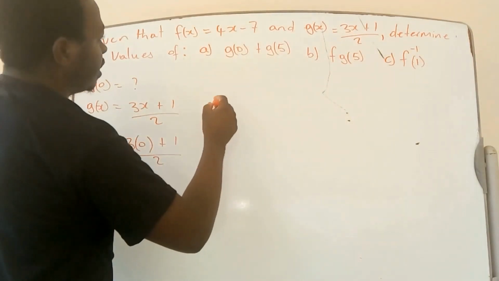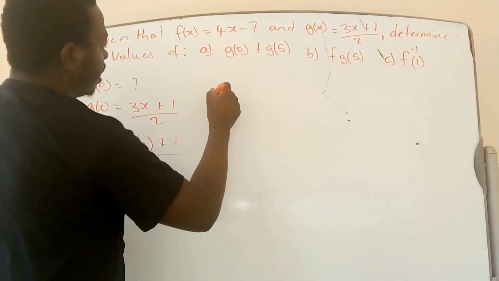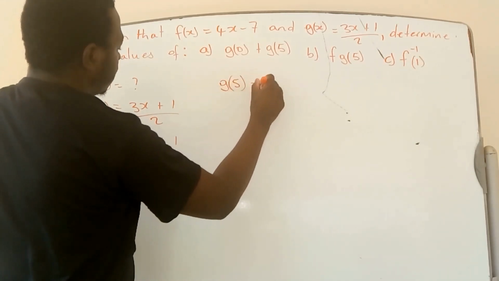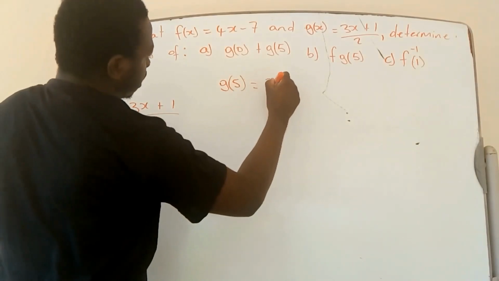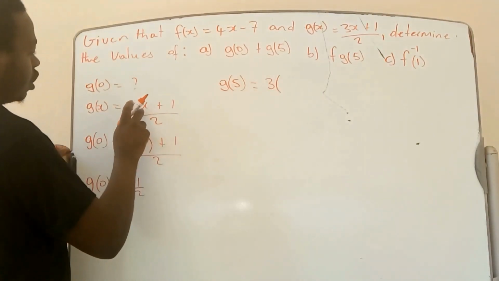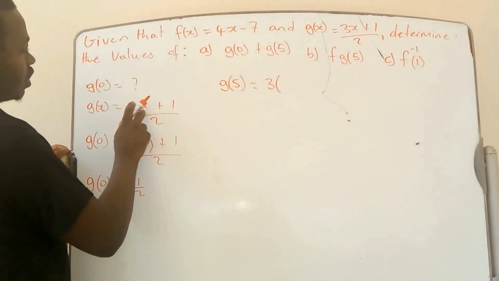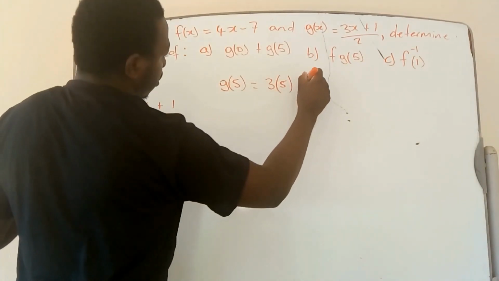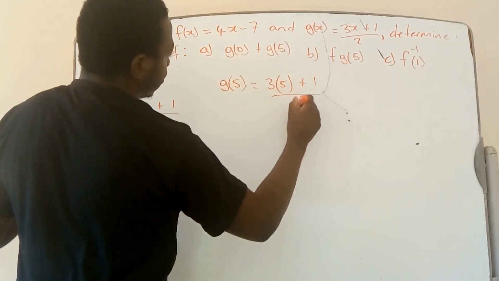Now we need to find g of 5, so g of 5 is equal to 3 times, anywhere you see x, replace it with 5, so that's going to be (3 times (5) plus 1) all divided by 2.